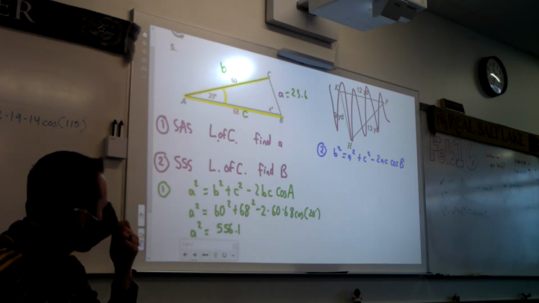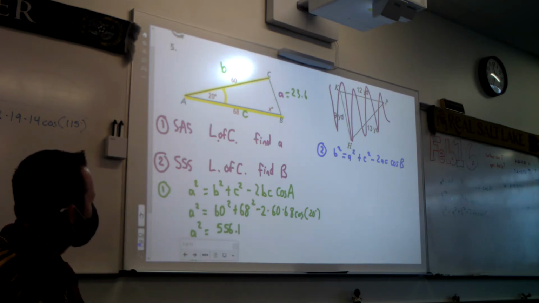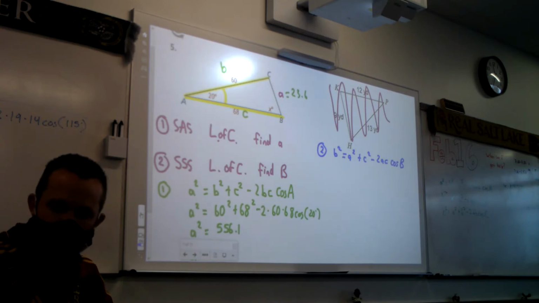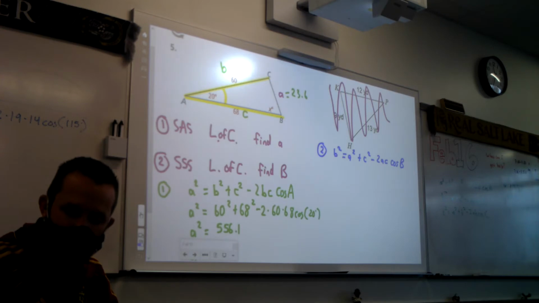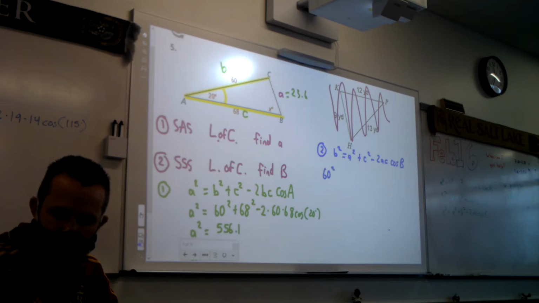Alright, Louise, will you tell me how to plug those in? What is sides A, B, and C? The only thing we shouldn't know is cosine of angle B. So what was B? Awesome.